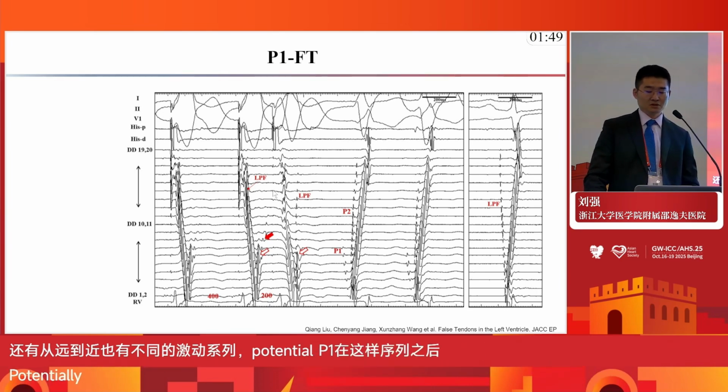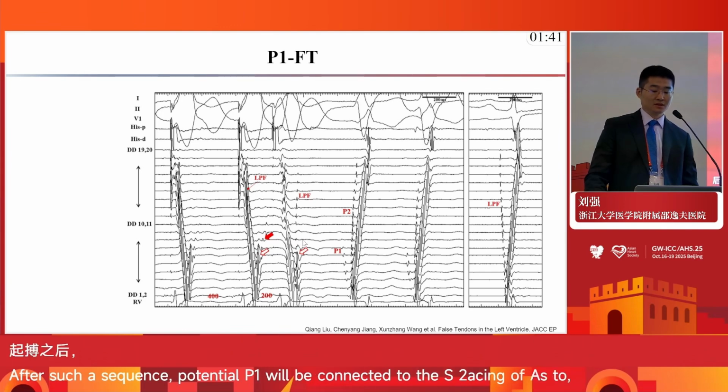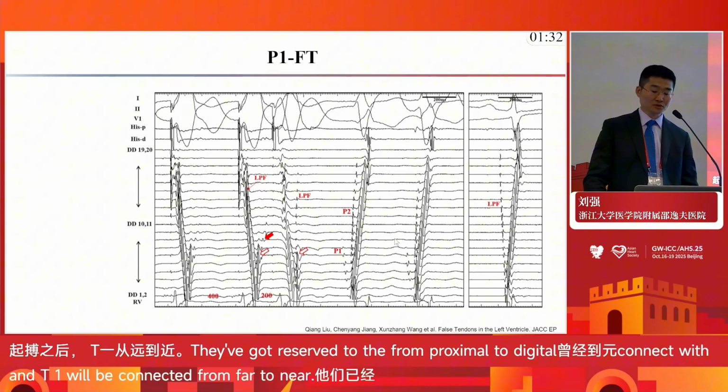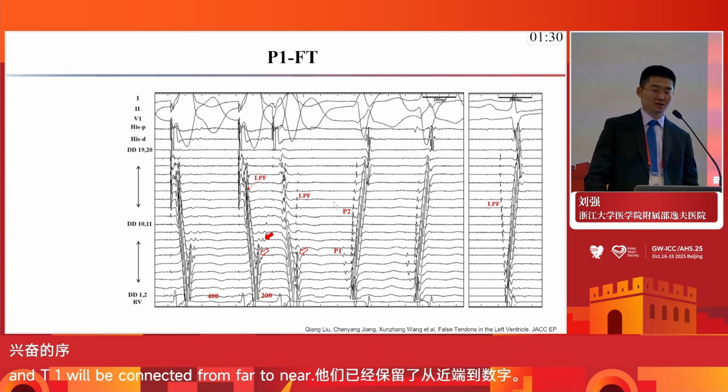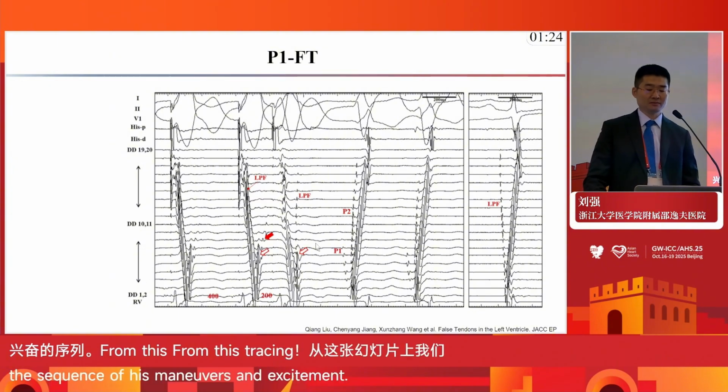After the S2 pacing, the P1 activation from distal to proximal reverses to a proximal to distal activation sequence and connects with the P2, and the tachycardia is induced. So from this tracing, we know the P1 represents the ventricular myocardium on the false tendon.